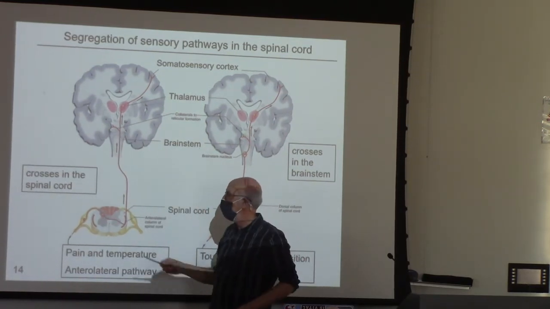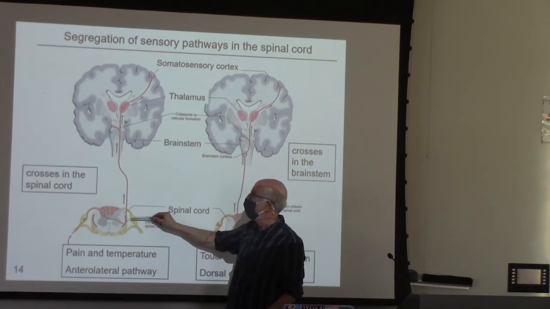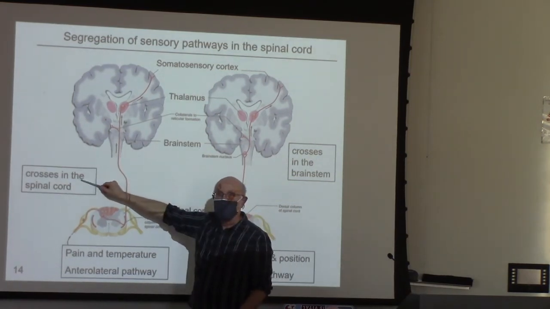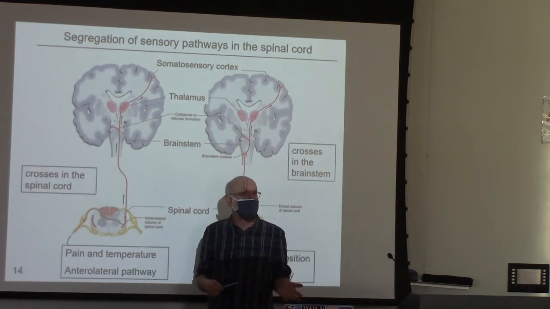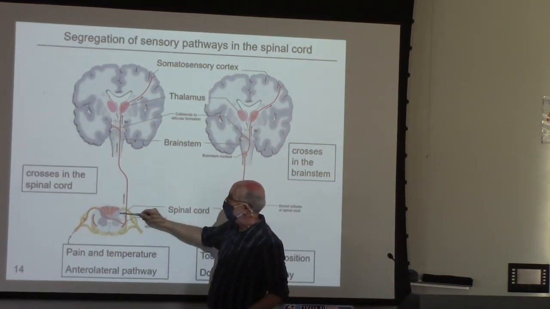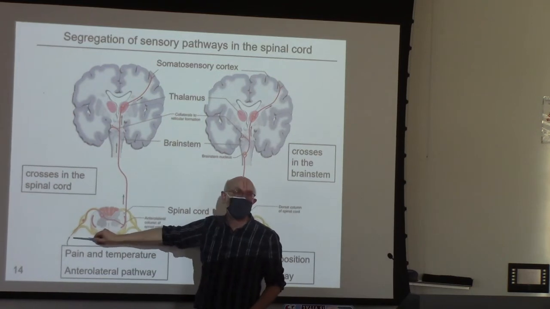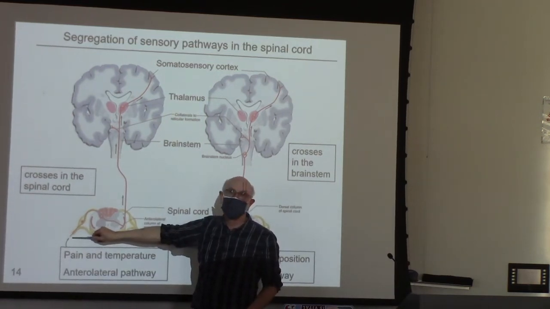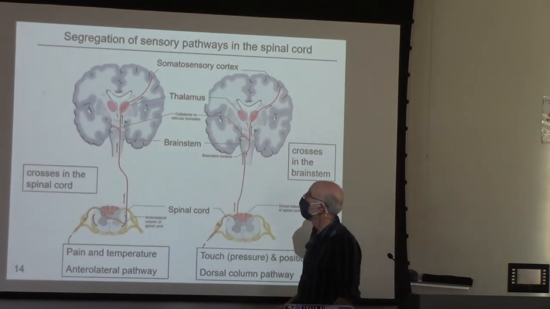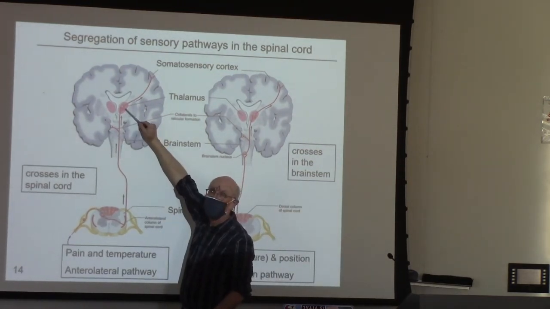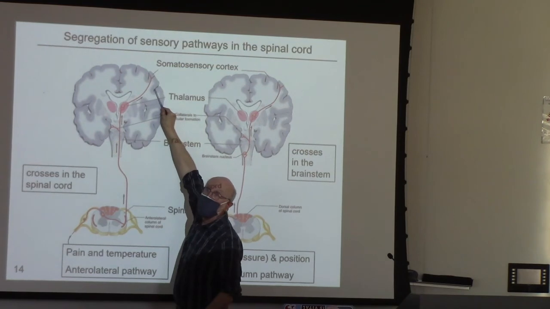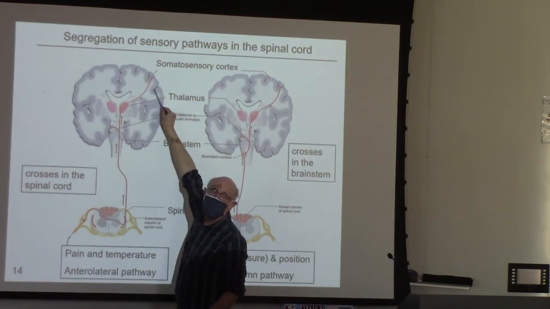In other words, pain and temperature cross in the spinal cord, and the pathway in the spinal cord is contralateral. It's on the side of the spinal cord opposite where the pain is. And it goes to the contralateral thalamus. And it's going to go to the contralateral somatosensory cortex.